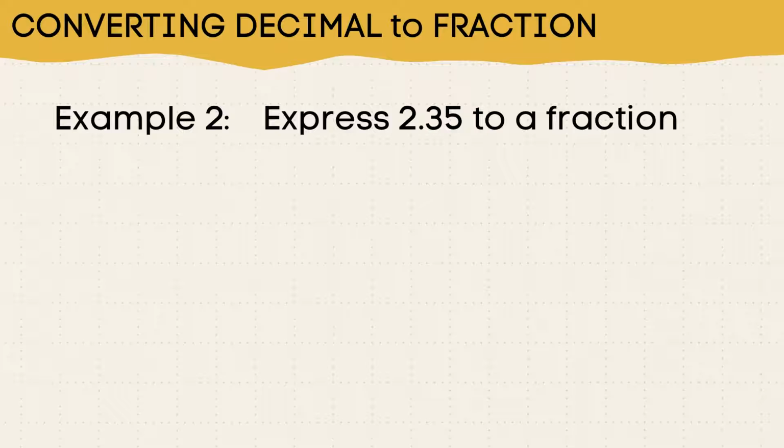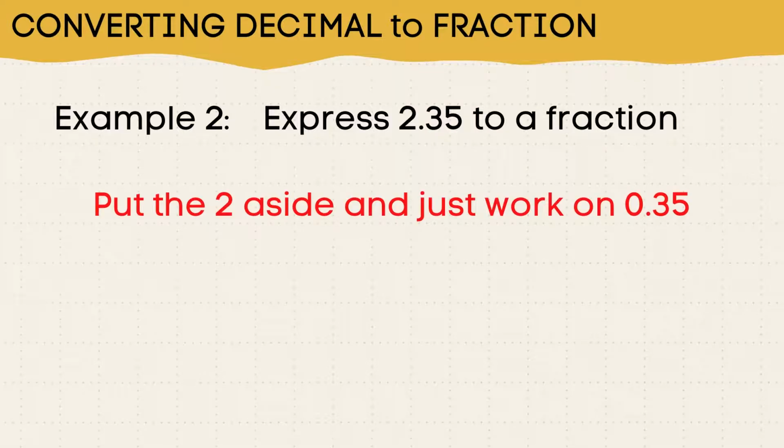Okay? So how are we going to do that? The first thing that you are going to do is to put the 2 aside and just work on 0.35. Okay? Let us set aside the 2 first, and later on we will bring it back. Okay? So let's work on 0.35.